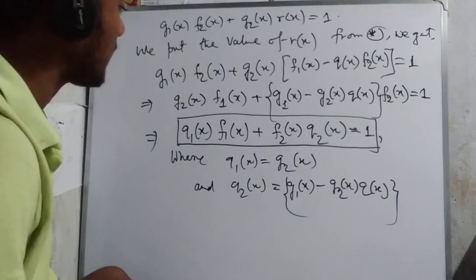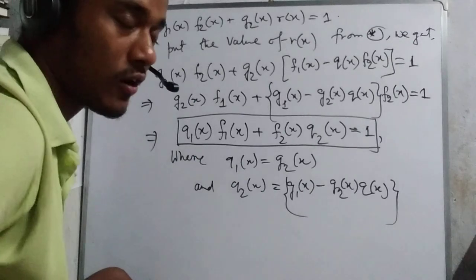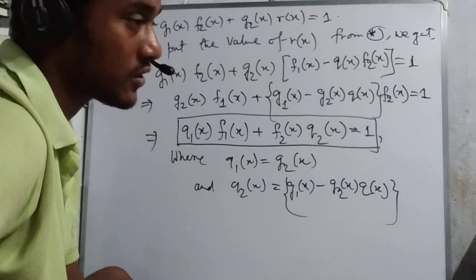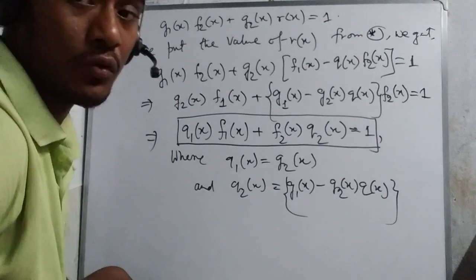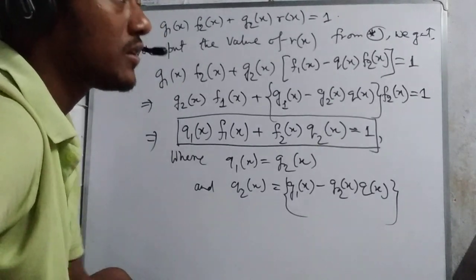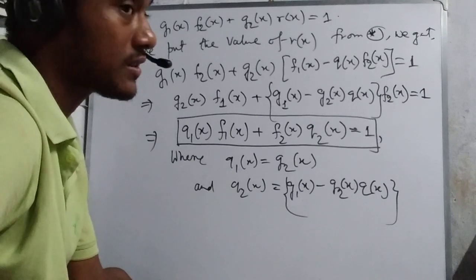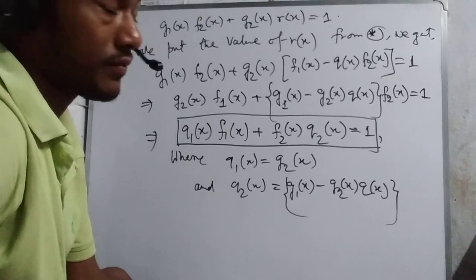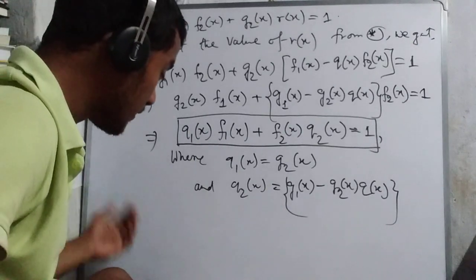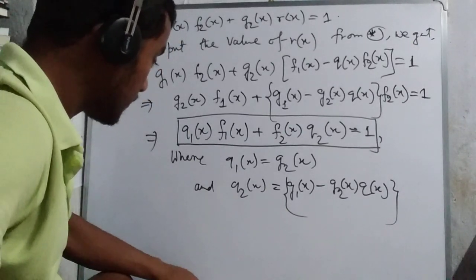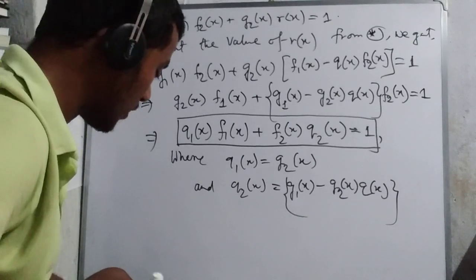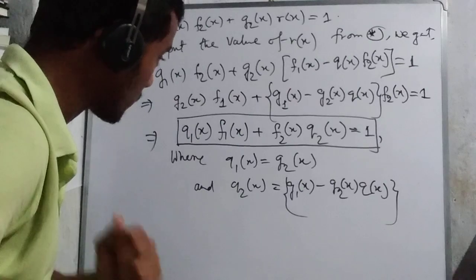So we get this for the degree of the lesser polynomial f2(x) equal to n, and we assume the degree is less than n, so the given condition of the required result holds.